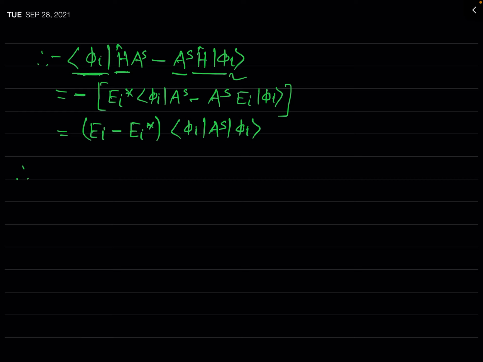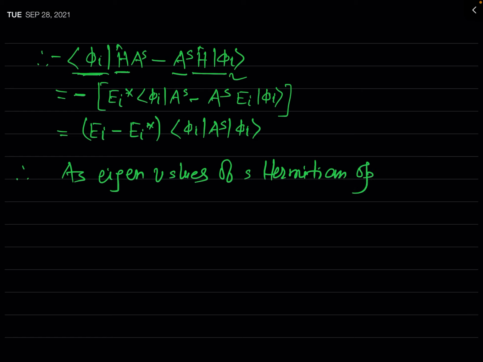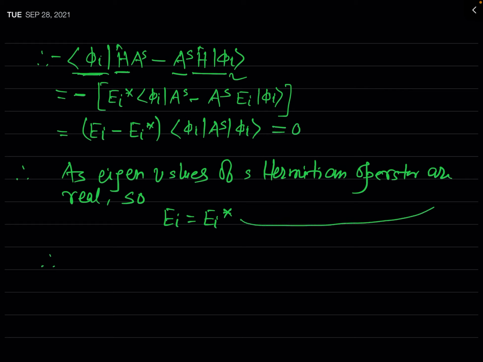So in this case, Ei star will be simply equal to Ei, and therefore this term will vanish. I am just writing here 0.